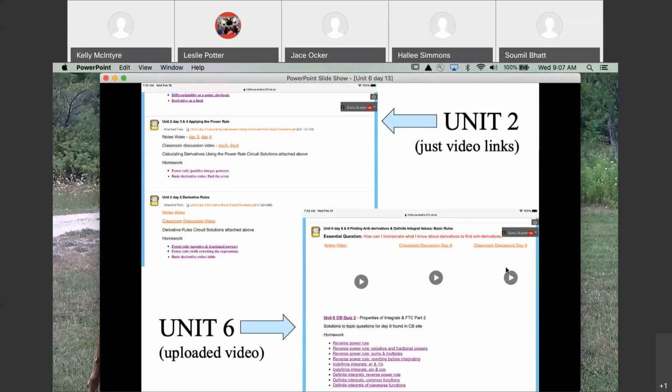So I need to know from you which one works better, because I'm never using this from the student side. If you could get into WebEx and just in the class space, vote. Just say I like Unit 2 or I like Unit 6, or it doesn't matter, they both work the same.